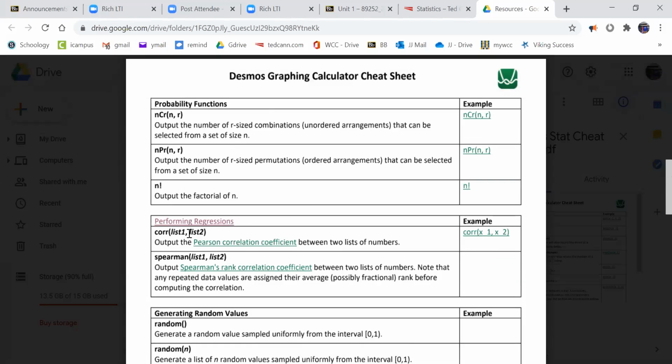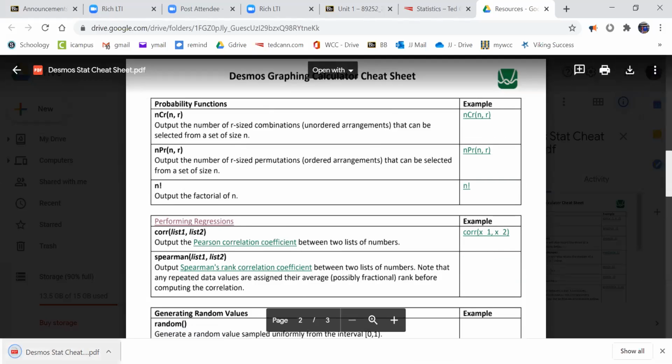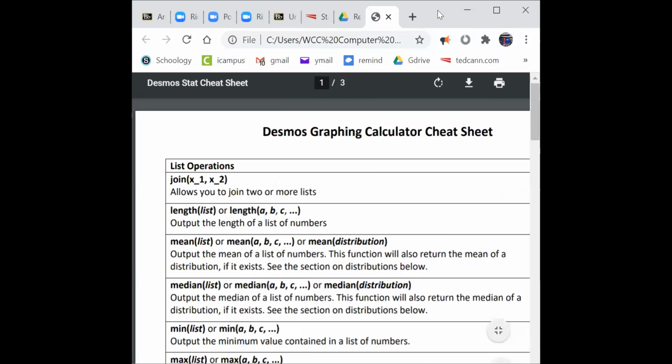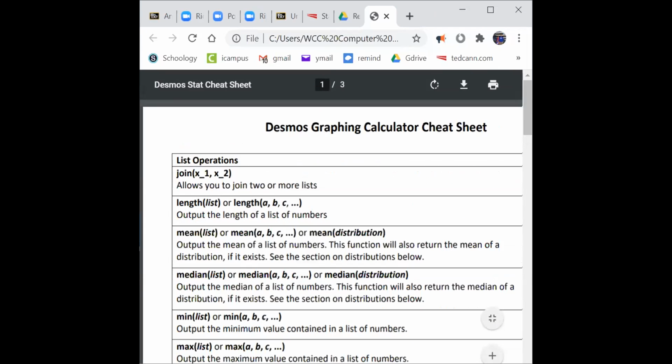Because we could find the correlation between two lists of data, and then we could actually walk through the process. And you know what I will do? I'm going to open this. Do it this way. All right, so good. I was worried that you wouldn't be able to see what I'm doing here.